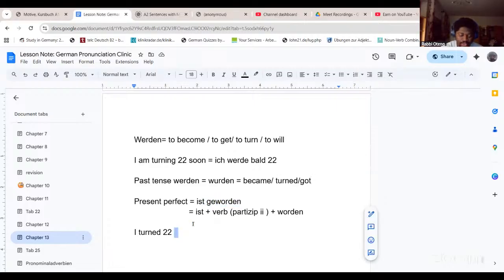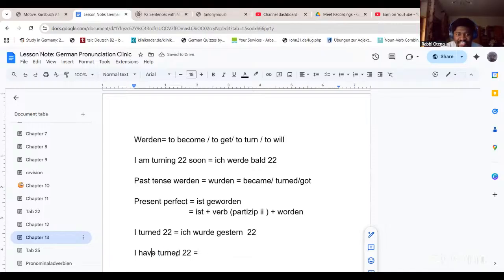So, I turned 22. The past tense will be what? Ich wurde 22. Or, gestern wurde ich 22. Ich wurde gestern 22. I became 22 yesterday. Now we want to say I have turned 22.